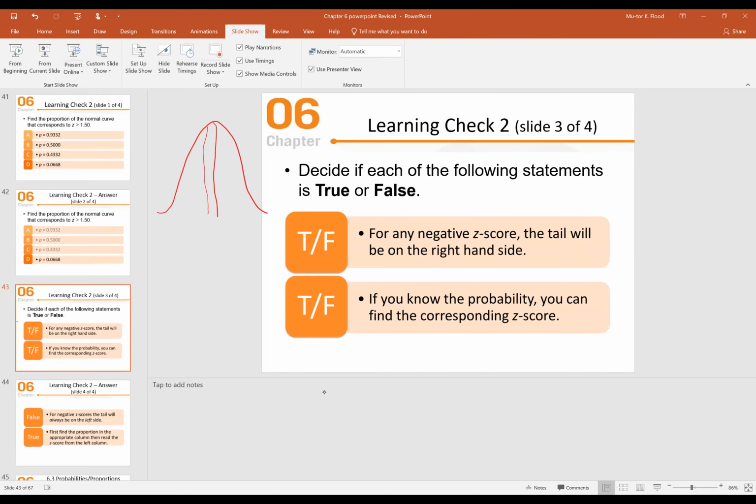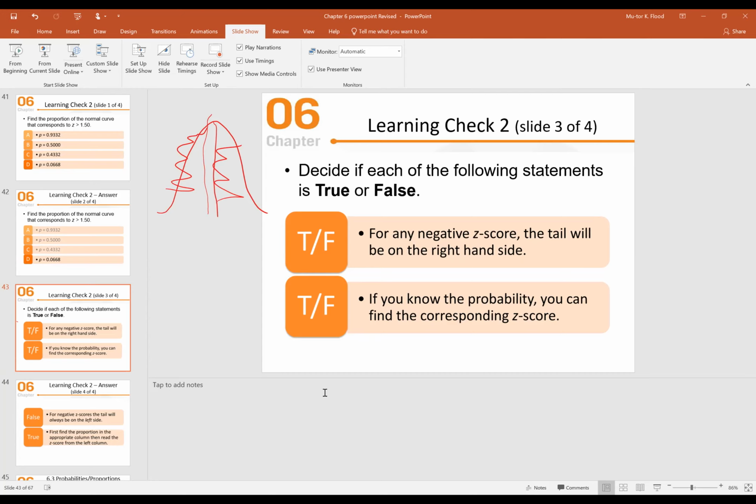So let's do here. Well, it's separating this into two parts. This part is going to be a tail, and this part is going to be a body. So for this question, that's going to be false.